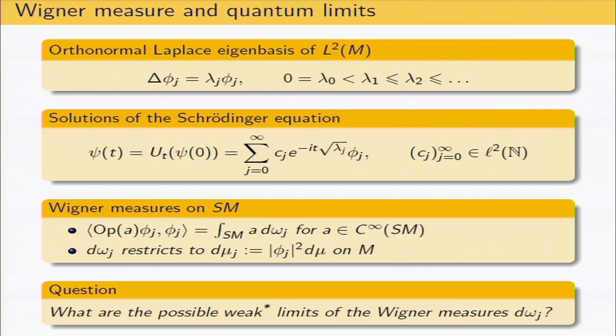So we say that these Wigner measures form a microlocal lift of these classical density measures. And then the motivating question for this talk, the basic question of arithmetic quantum chaos, is: what are the weak star limits of these Wigner measures? In other words, how equidistributed are the phi j's in phase space?